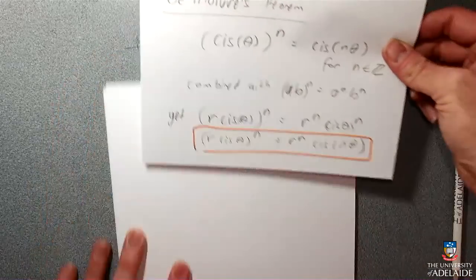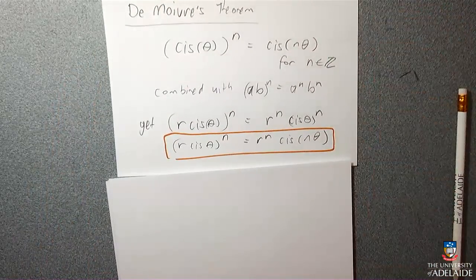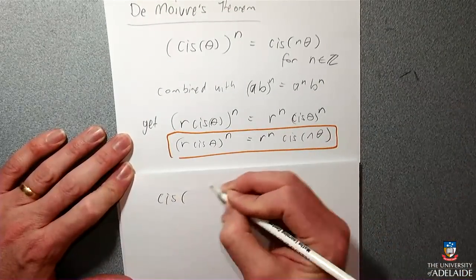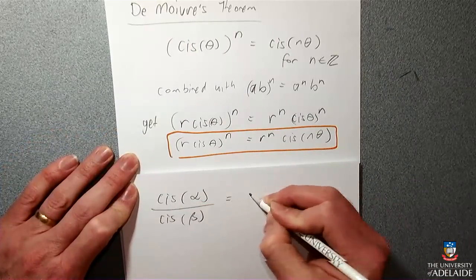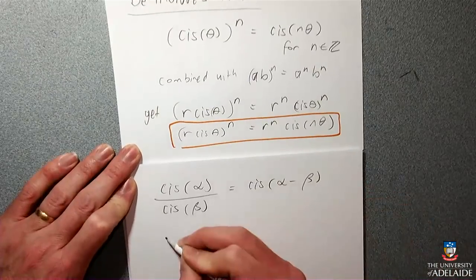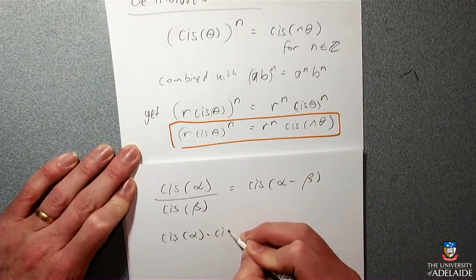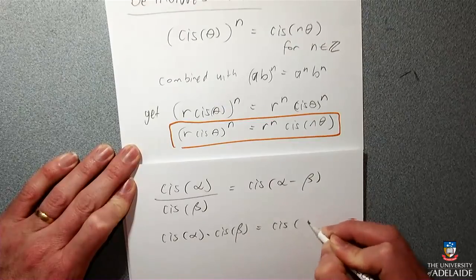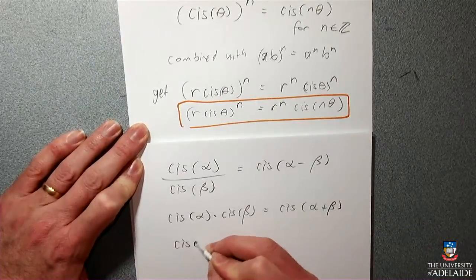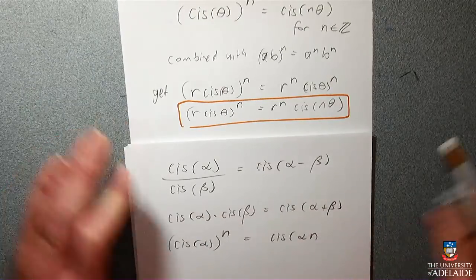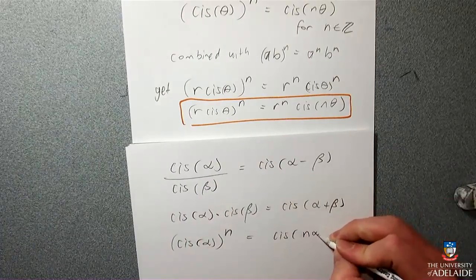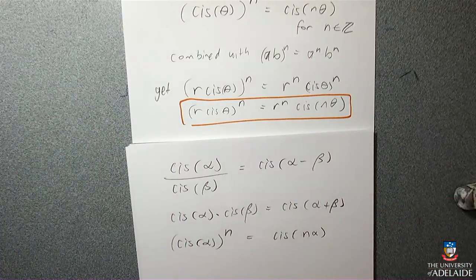Cool. So along with this is de Moivre's theorem. There's no named theorem that goes with how cis interacts with times and divide, but I should write them down. So these are the three rules for how cis interacts with times and divide and powers.